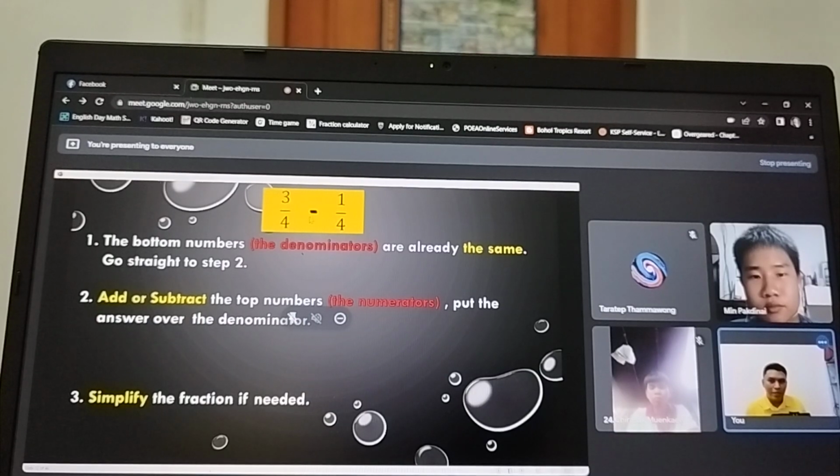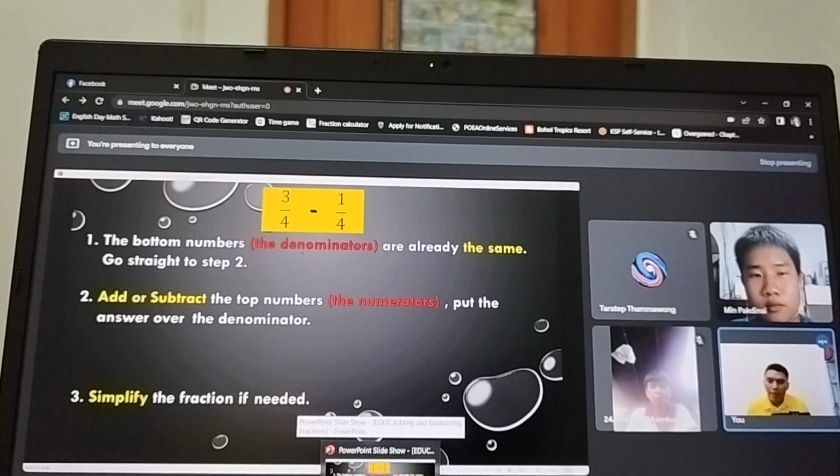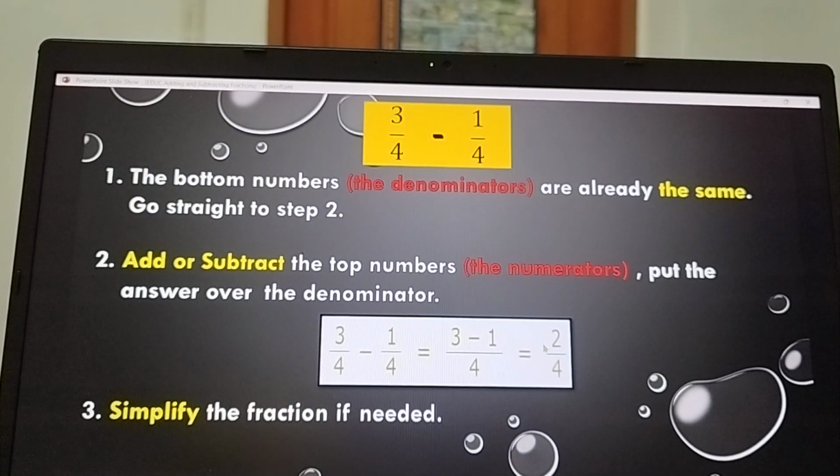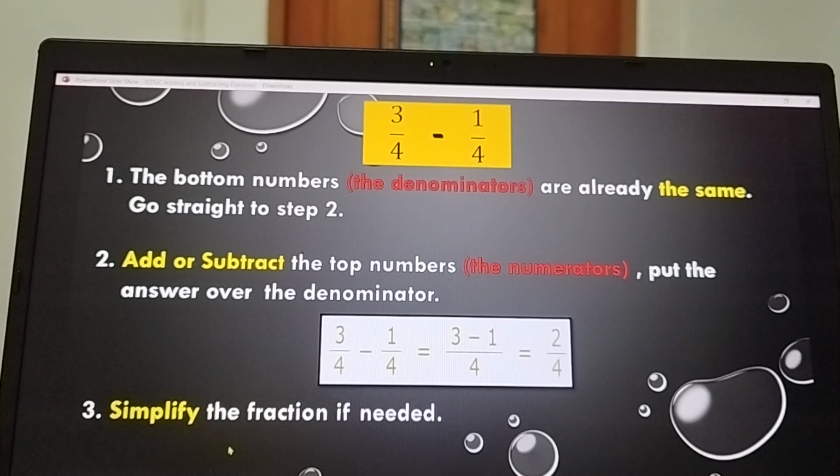Here you can see the minus sign, so it's subtracting fraction. 3 minus 1. What is the answer, Pakdinay? Is 2. So the answer is 2 for the numerator, then the denominator the same, 4, 2/4. Simplify, yes or no? Yes. Okay, 2/4 is equal to?